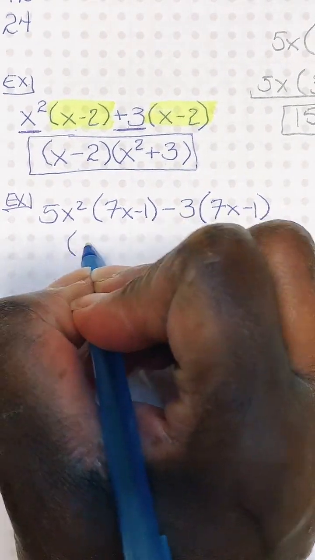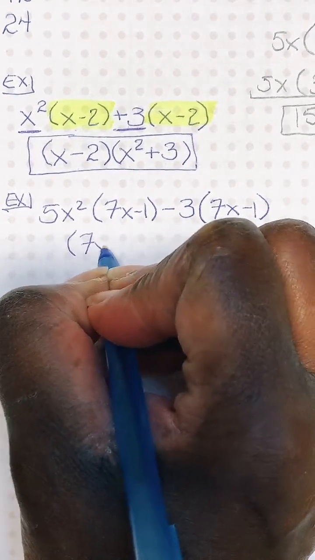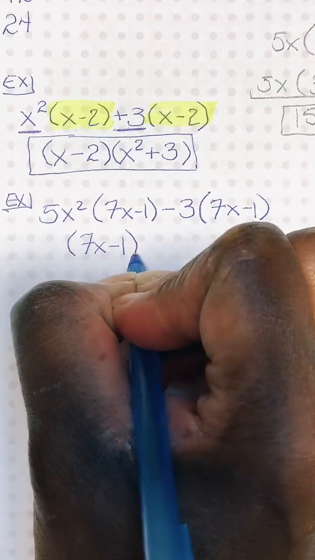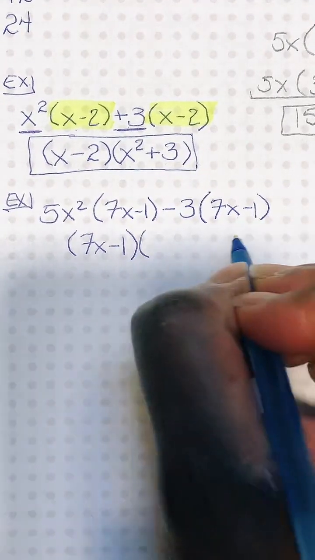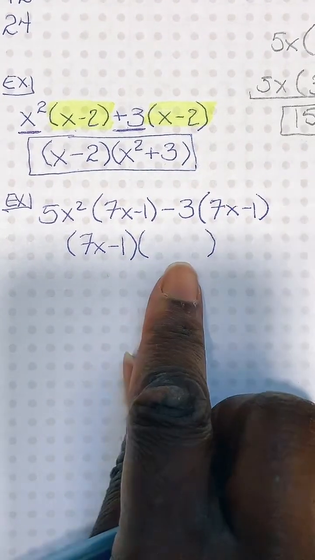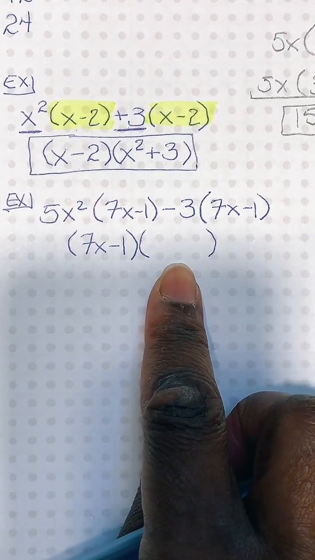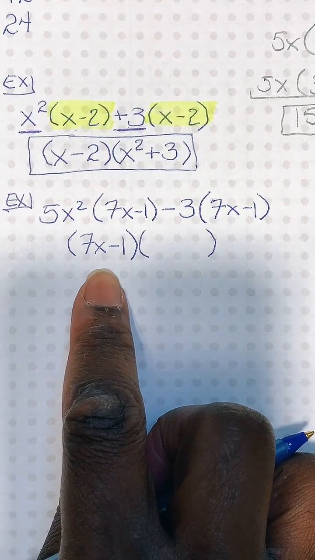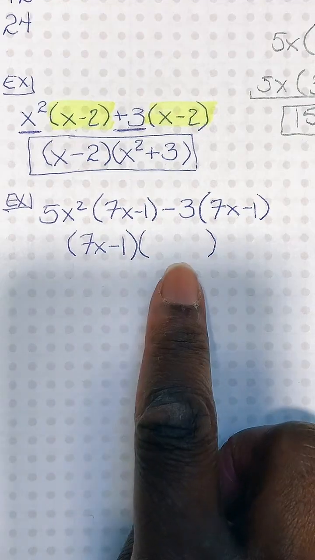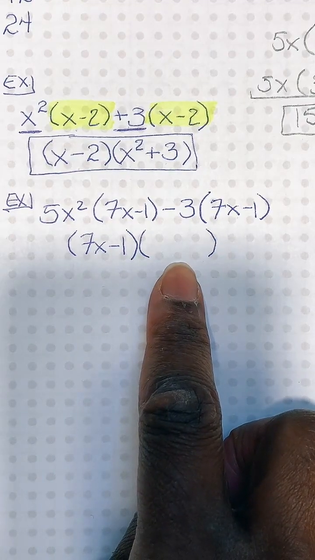So what was inside the parentheses is going to be my GCF. So 7x minus 1. If that 7x minus 1 is my GCF, what's going inside my second parenthesis?